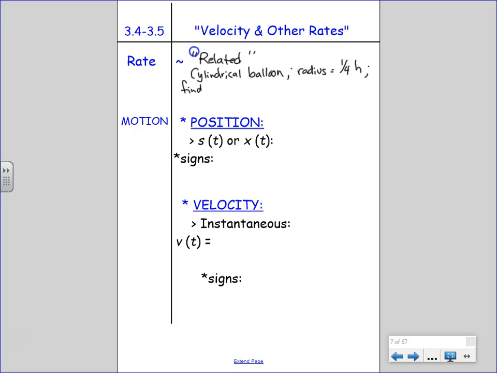And if we wanted to find the rate when r is equal to 2, we'll say the balloon's being blown up. Find how fast volume is increasing when r equals 2.